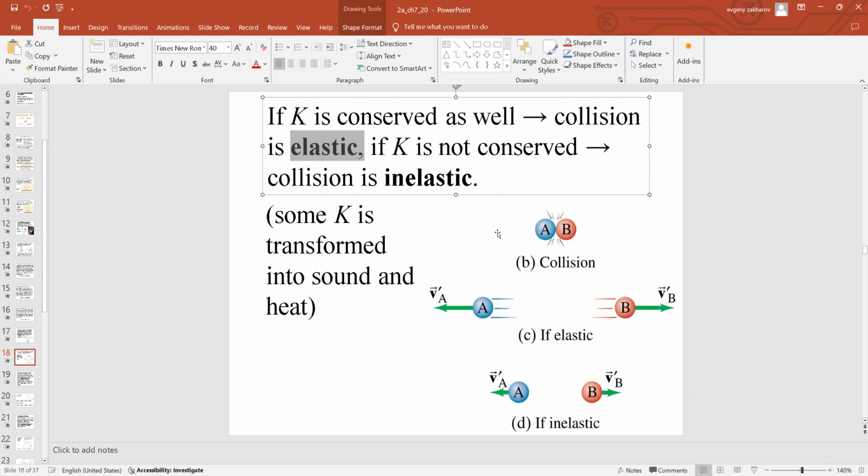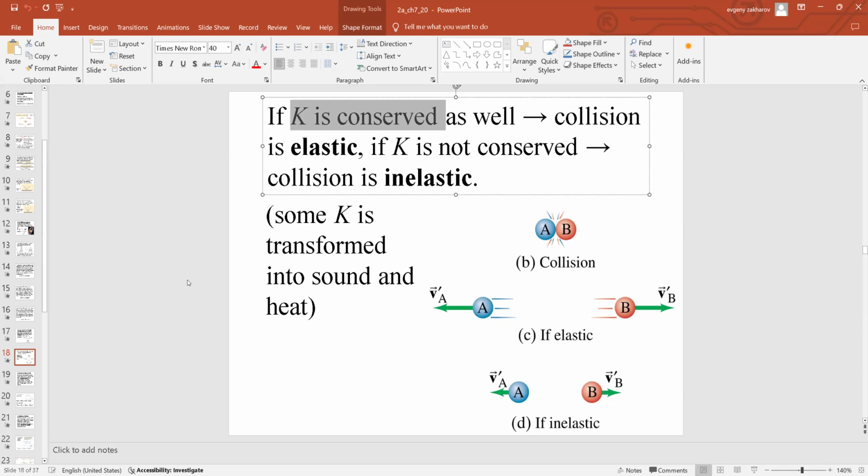And you got to understand there's always going to be some loss of kinetic energy because they get together. There's a little bit of a contact and friction, and some of that kinetic energy will be lost no matter what. And then there is sound that you normally hear. Some energy will be lost for the sound as well. But if the losses are negligible, you can think of collision being close to perfectly elastic, and that means kinetic energy is also conserved.